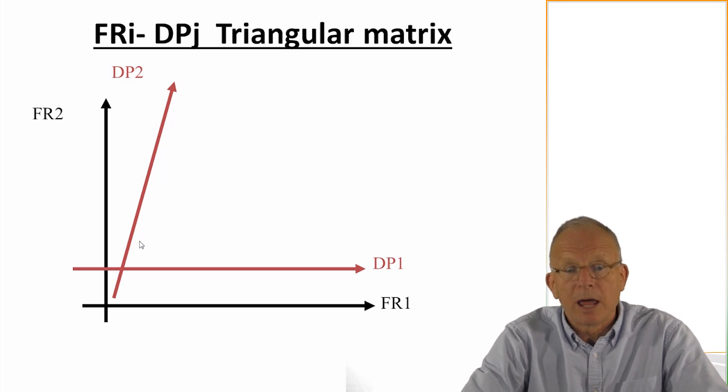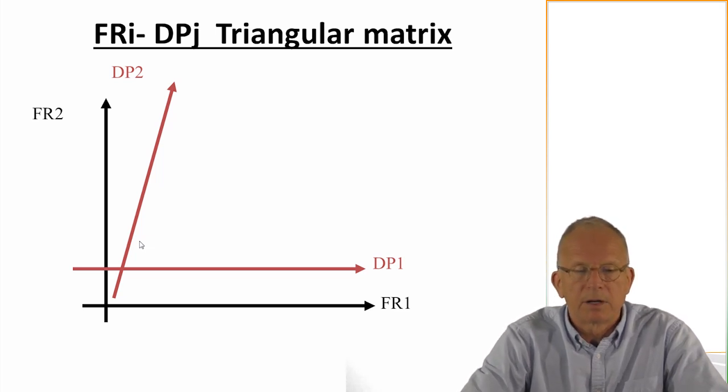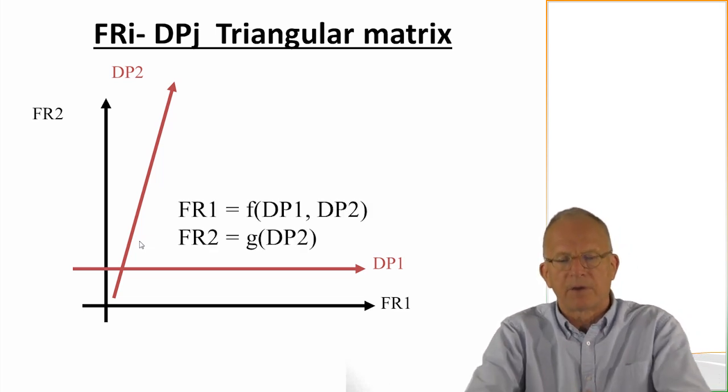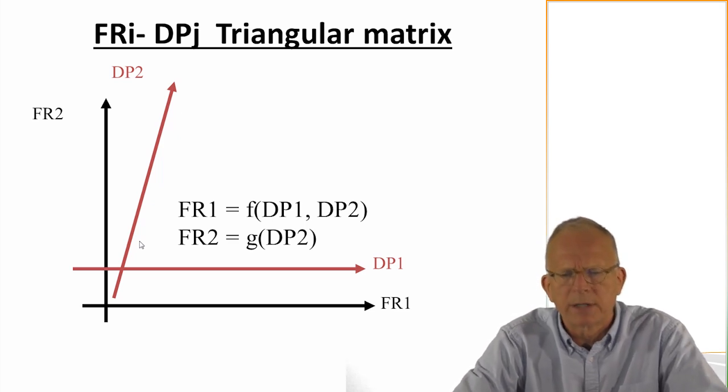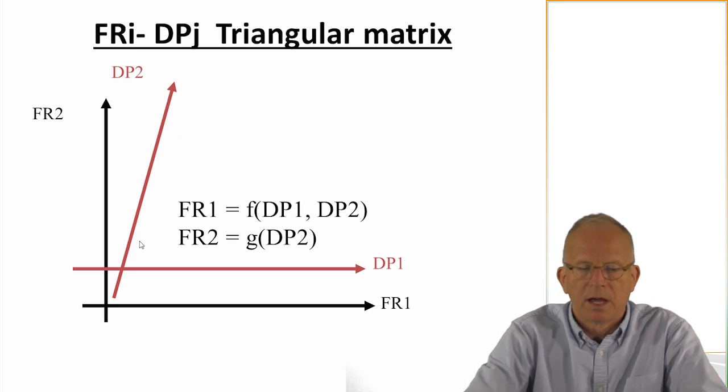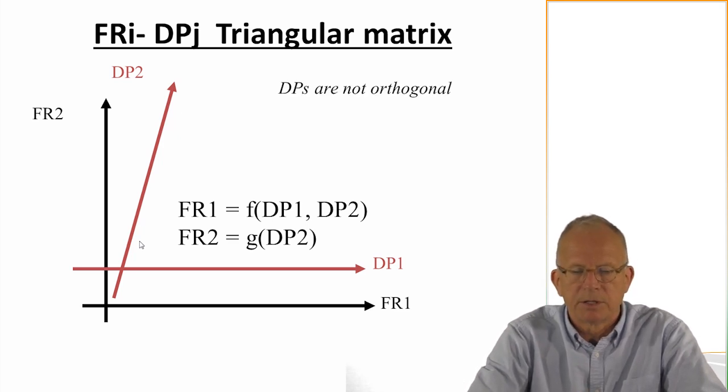Here's how we end up with a triangular matrix in this kind of embodiment. The DPs may not be orthogonal, and one may not be parallel to the FR. So in this case, FR1 is a function of both DPs, because motion along either of the DP axes results in a change of FR1. And FR2 is only a function of DP2.